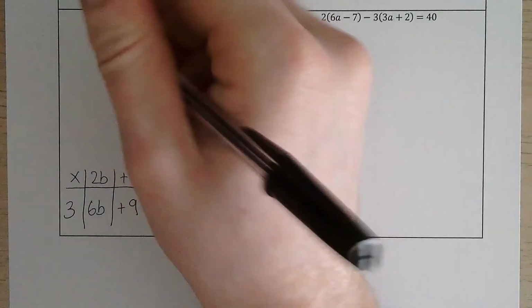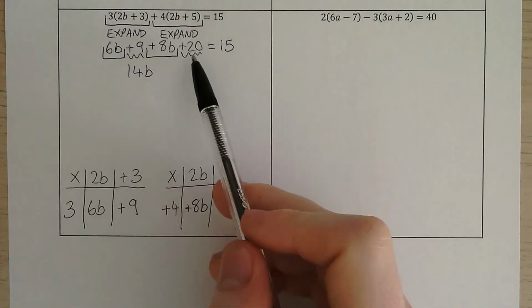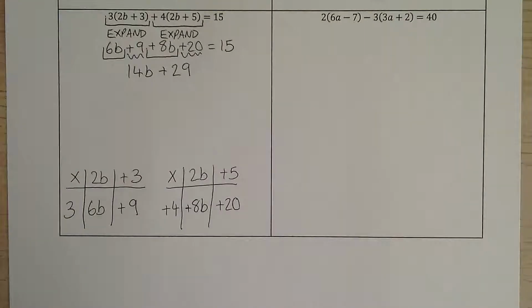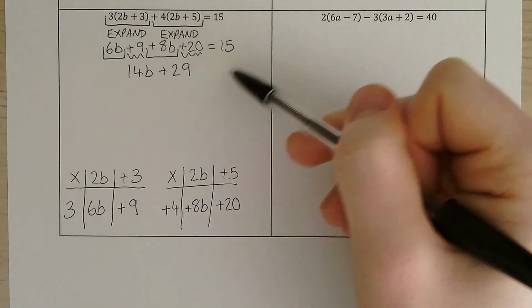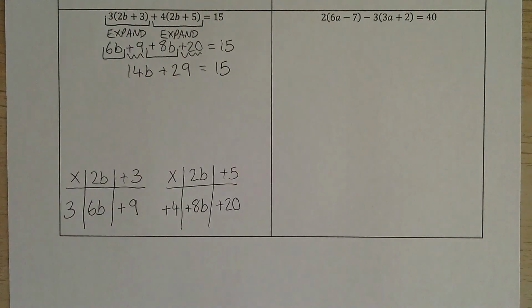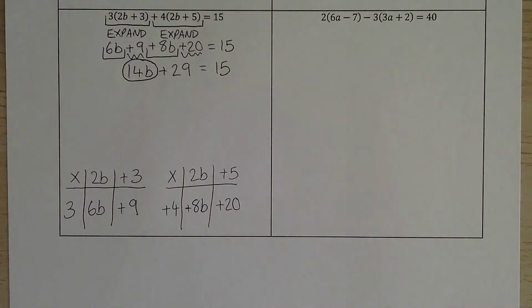6b add 8b is 14b, and 9 add 20 is positive 29. Again, I need to make sure the equals 15 drops down to the next line. I now have an equation that I can solve. So I first start by isolating the term that the variable appears in.